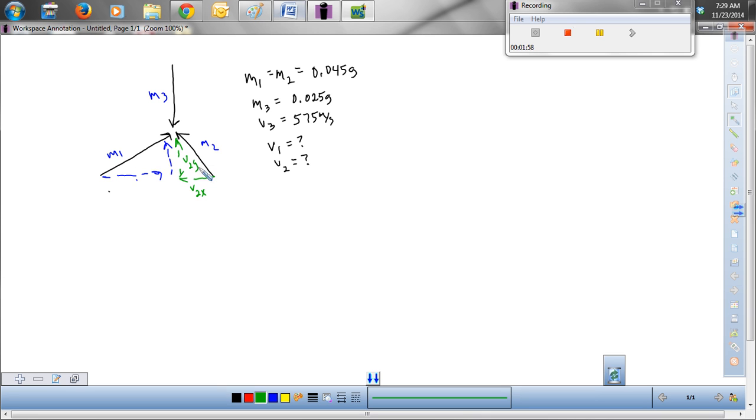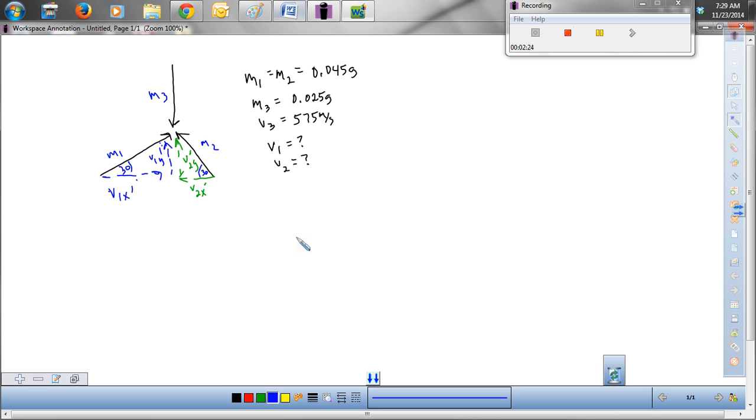Now, before anything is fired, everybody's sitting still. So I really could call this B2Y prime and B2X prime. And I could call this one B1X prime and B1Y prime. If this angle is 120, then this is 120. That's a 60. That makes this be 30. And this be 30.